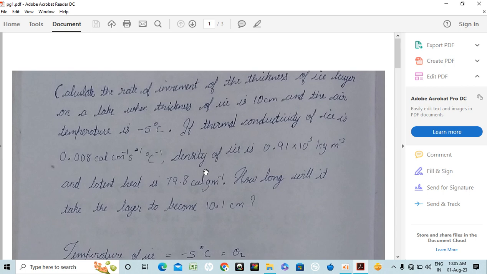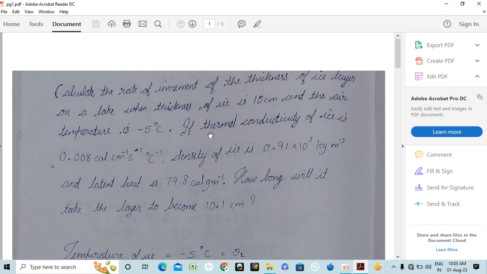Today in this video we are going to discuss a problem. The question is this: calculate the rate of increment of the thickness of ice layer on a lake when the thickness of ice is 10 centimeters and the air temperature is minus 5 degrees Celsius.